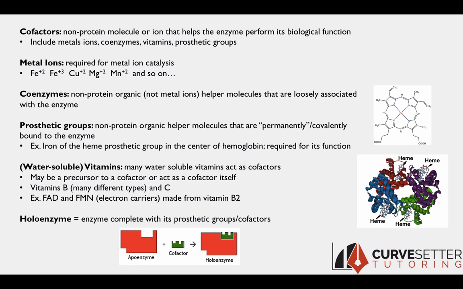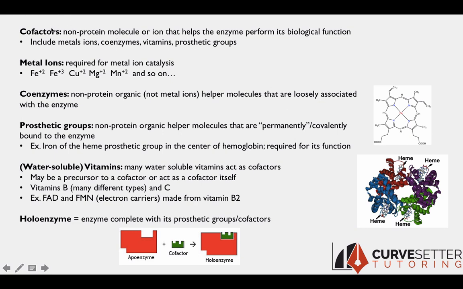So there are a number of helper molecules or ions that enzymes often require in order to perform their biological function. In general, those molecules are referred to as cofactors. So cofactors are any non-protein molecule or ion that's going to help the enzyme perform its function.